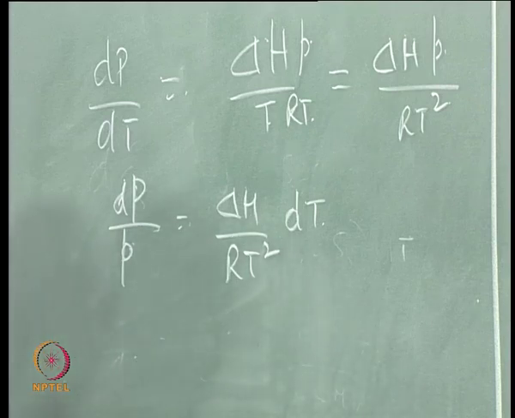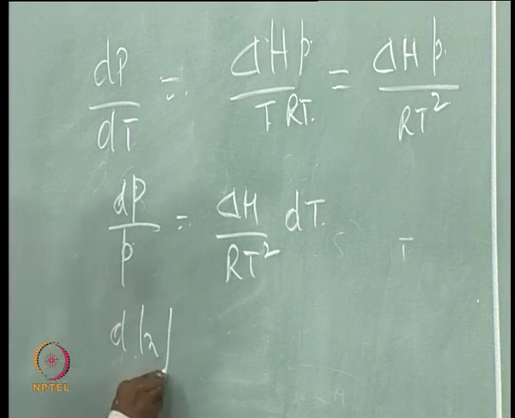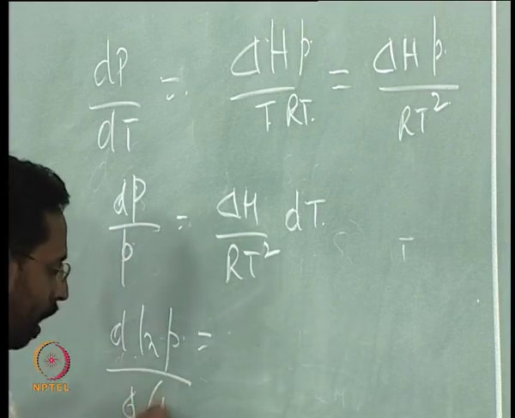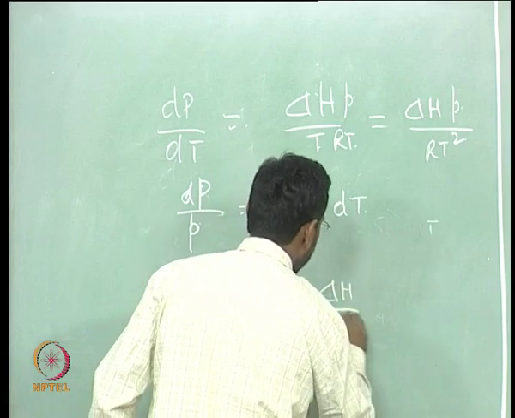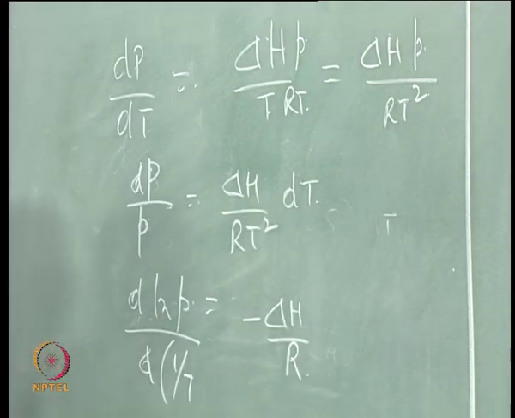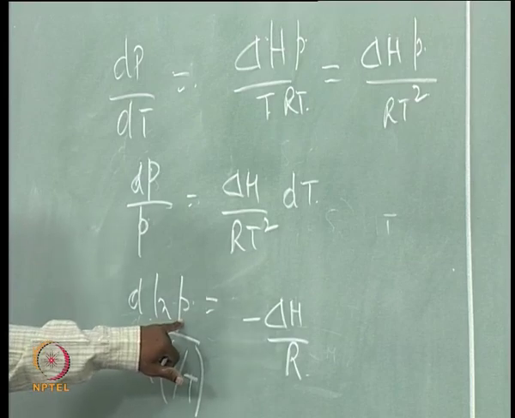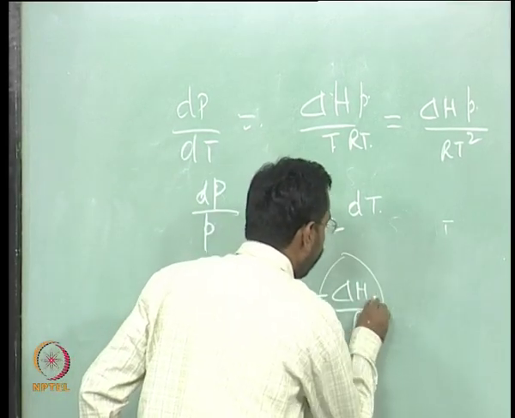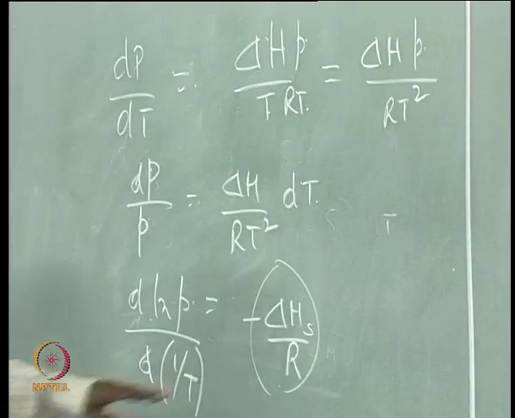So, this can be taken as d ln P, and you can further see d ln P by d of 1 by T can be taken as minus delta H by R, where this dT can be brought to this side in terms of 1 by T. And if that is the case, then we can say that how the vapor pressure changes with temperature is always related to the delta H of sublimation divided by this.